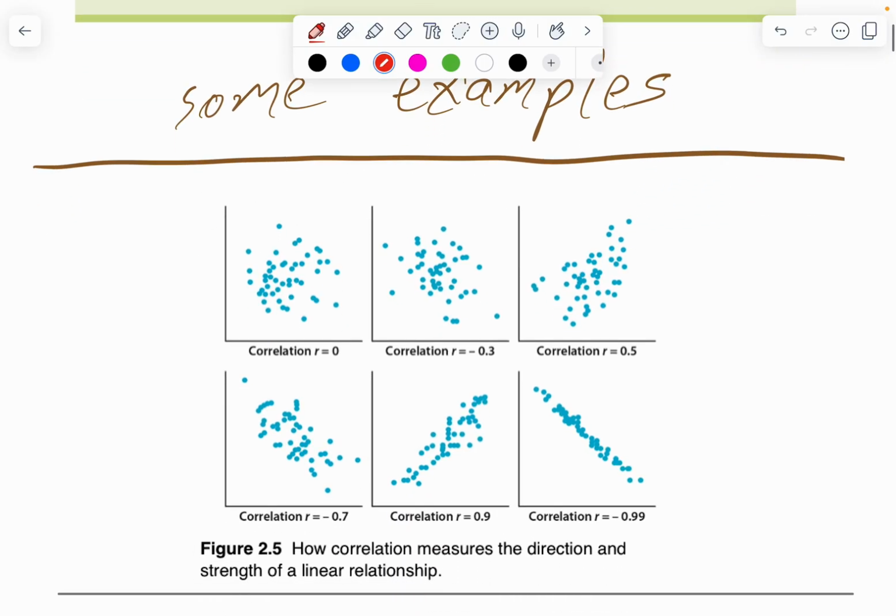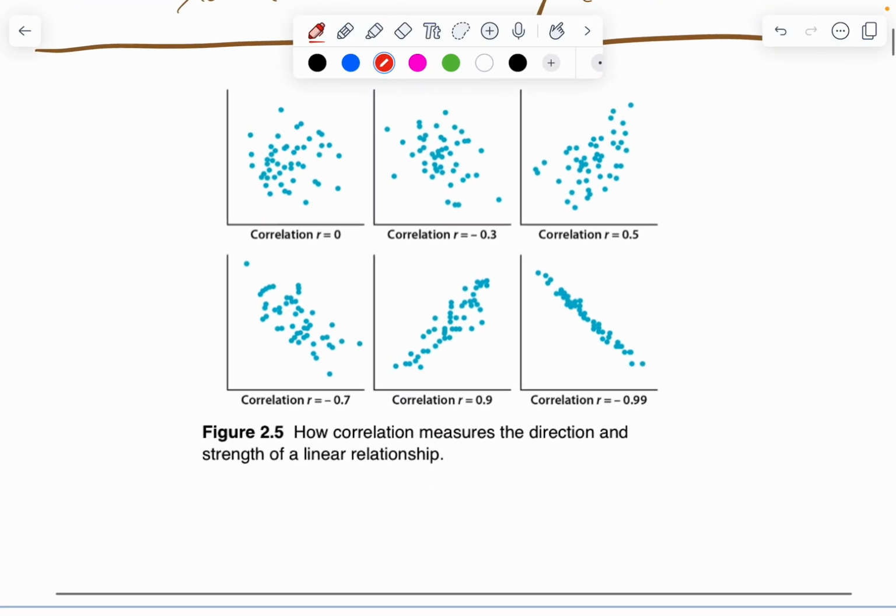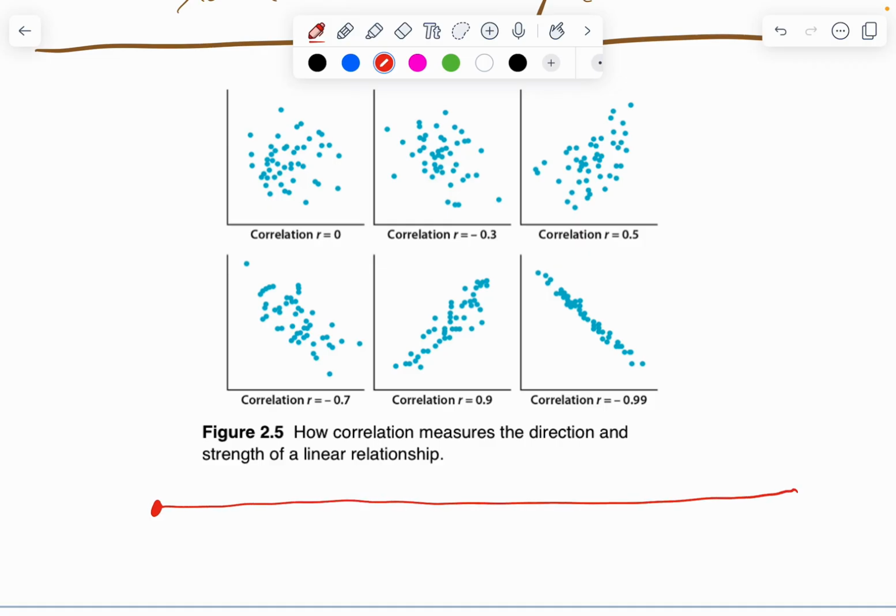Here are some computer-generated scatter plots with different correlation coefficient values. If I make a number line here, the smallest the correlation coefficient can be is -1, the largest it can be is +1, and smack dab in the middle of that is 0.